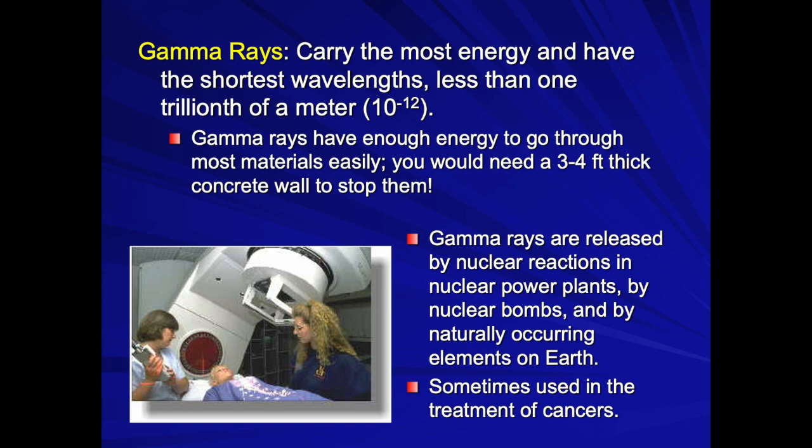Gamma rays are released by nuclear reactions in nuclear power plants, by nuclear bombs, and by naturally occurring elements on Earth. They are also sometimes used to do specific targeted treatments for cancer.